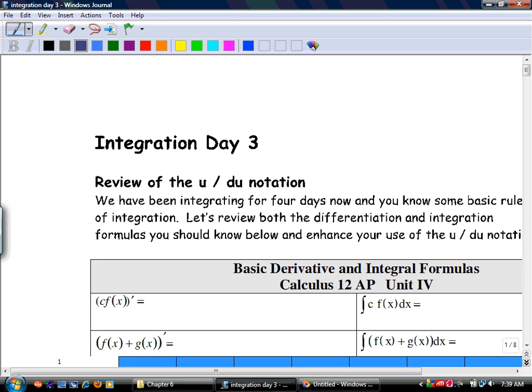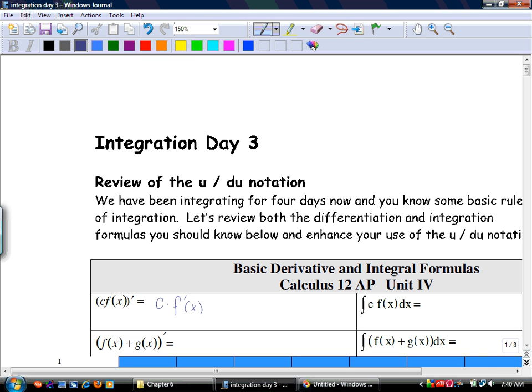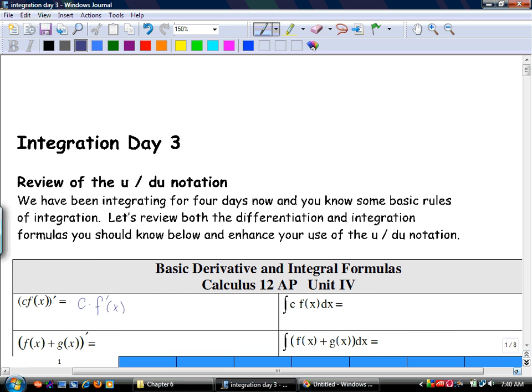Okay, so the derivative of a constant times a function is a constant times the derivative of the function. So just review. The antiderivative of a constant times a function is a constant times the antiderivative of the function.